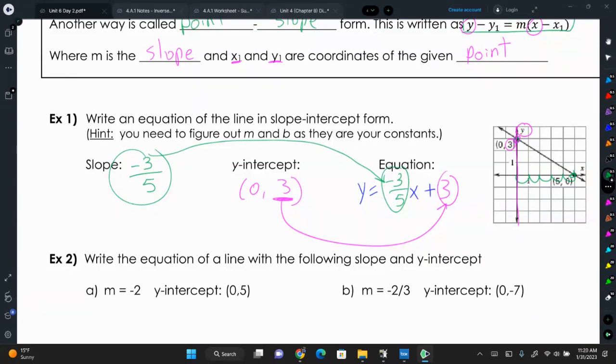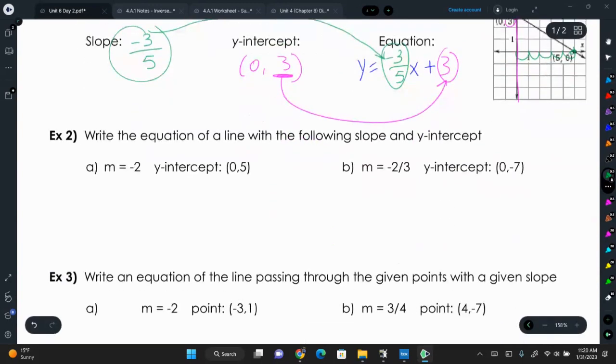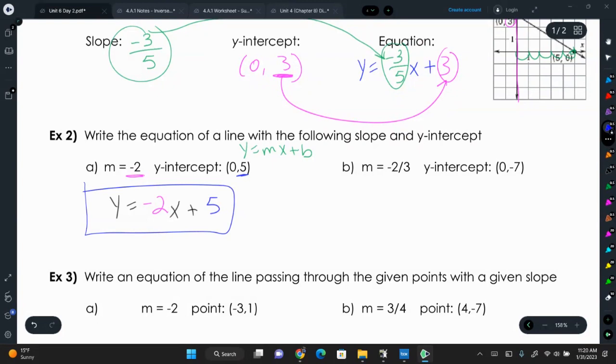Now in example 2, I'm giving you the y-intercept, your b value, and your slope. So again, y equals mx plus b. So y equals, m is negative 2, so negative 2x plus our b value is 5. When we are given the y-intercept and the slope, it's very easy.